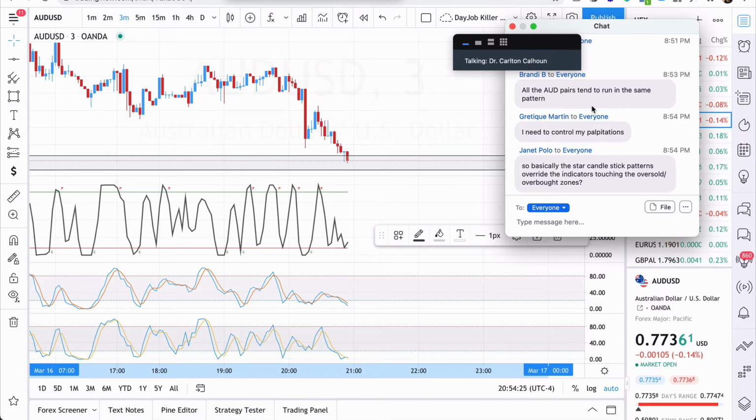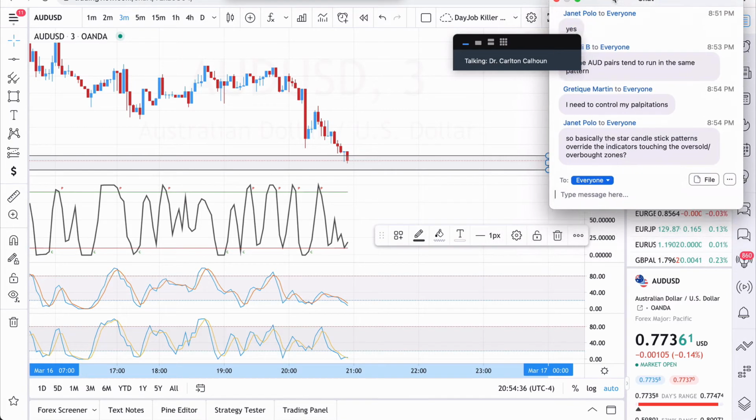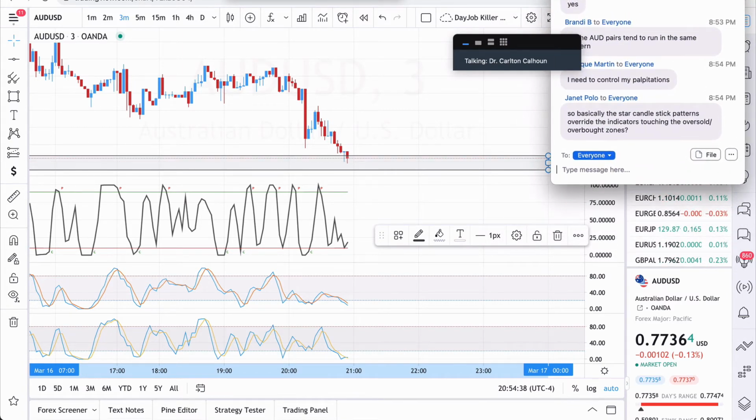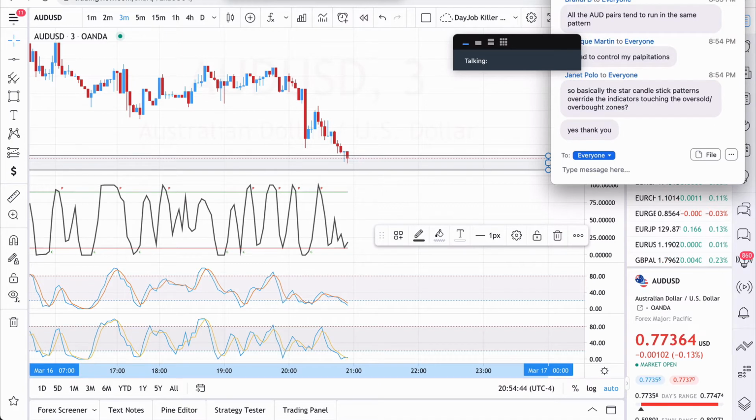I use them in conjunction. But if I see a pattern that I like, regardless of if the indicator gives me the signal or not, I take it. I trust the morning star and the evening star patterns. Does that make sense? You're welcome.